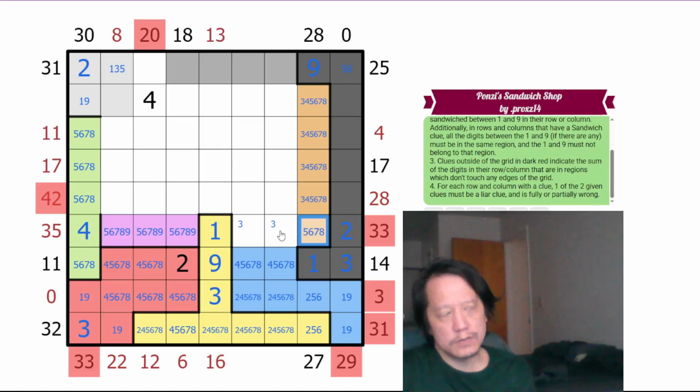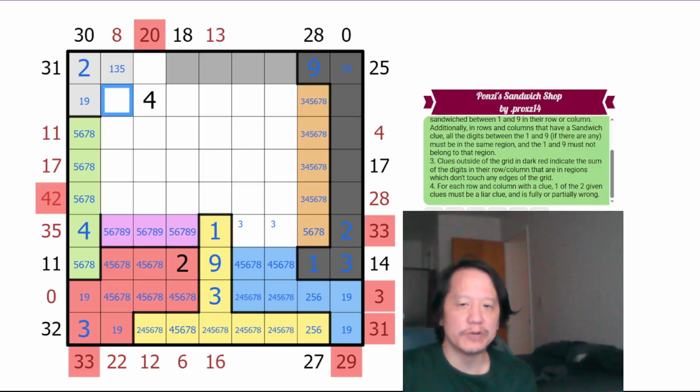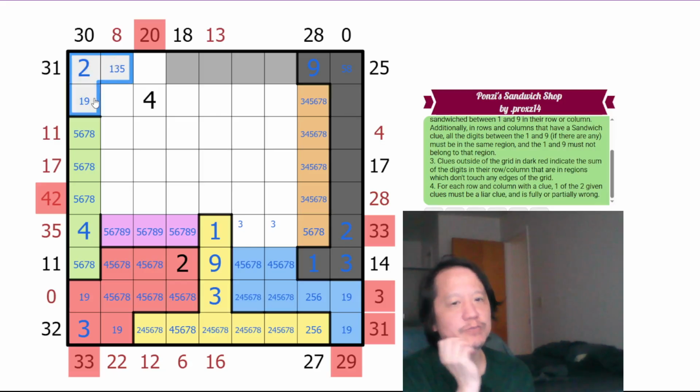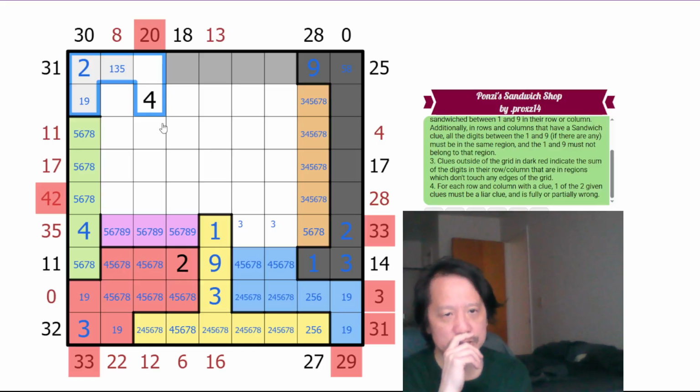So we could have pink go all the way around that way. This doesn't have to be light. It could be green. We know that these three, though, have to be light. Yeah, it could go something like that. That is potentially possible.